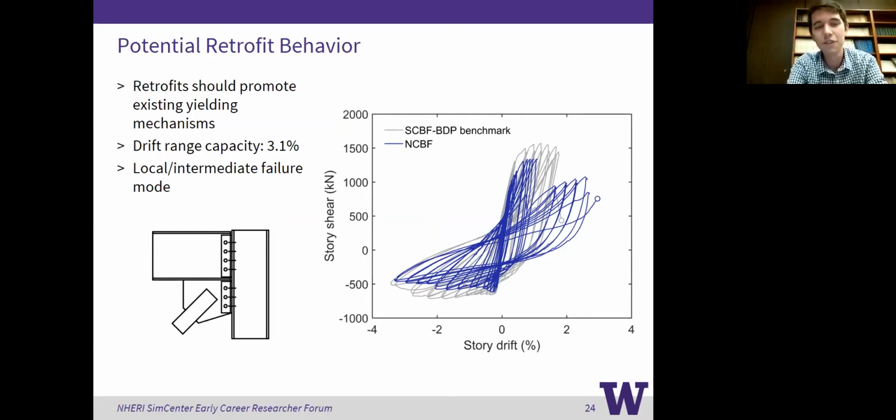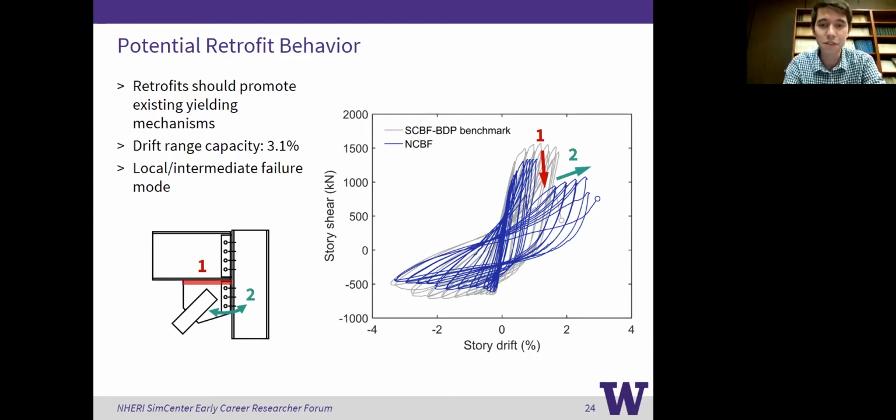We tested a number of different retrofits, and you can see that they can change the behavior drastically. In this case, we replace the non-ductile, highly locally slender brace with a smaller brace. We still have a fracture of the gusset to beam weld connection, but the brace hangs on, and the gusset plate hangs on through the column connection.